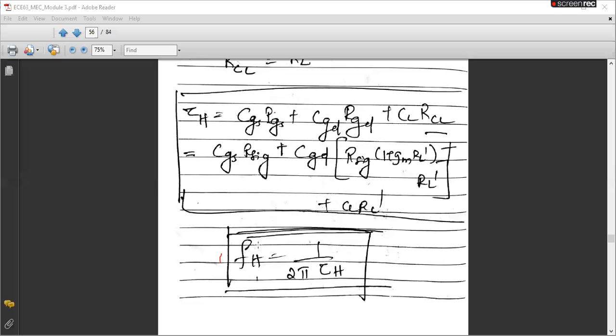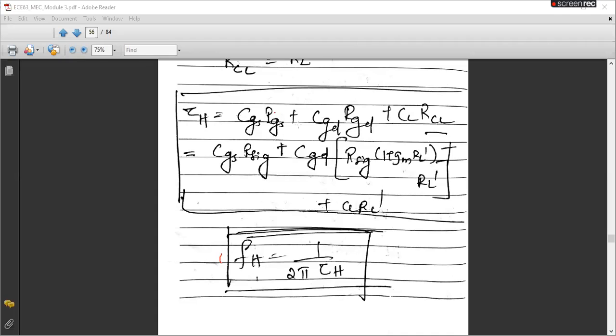Now you need to remember the three results of RGD, RGS, and RCL. Case 1, case 2, case 3 results you should remember for numerical analysis. So what is the procedure? Finding the three time constants together, adding all the three, taking the reciprocal, that will be your omega h, then divide with 2 pi, that will be your fh.